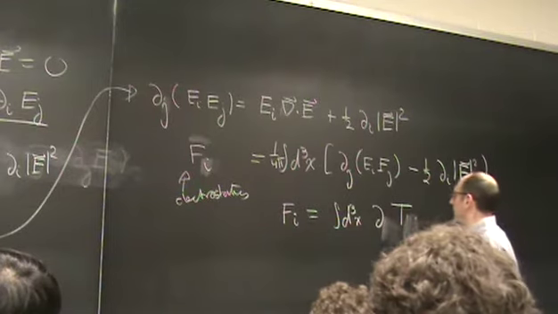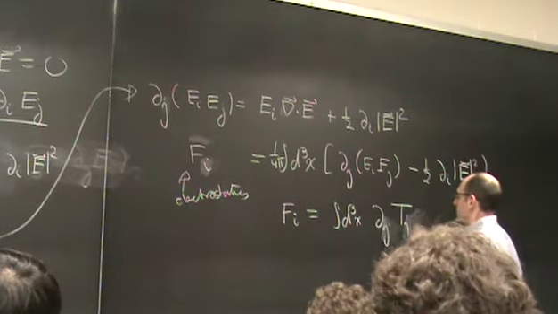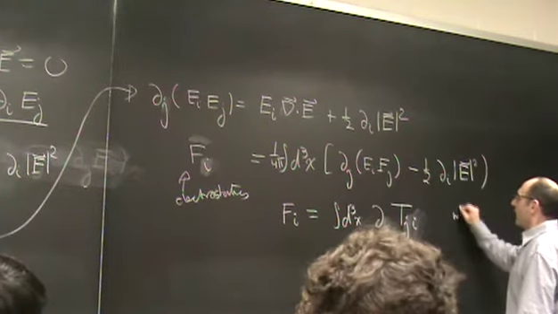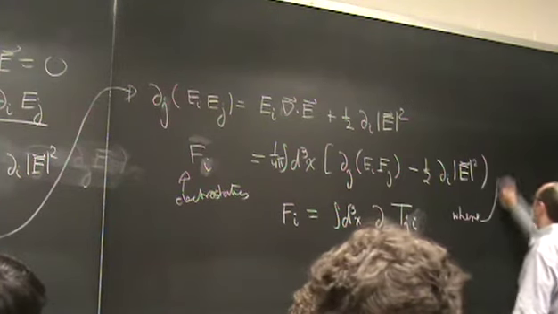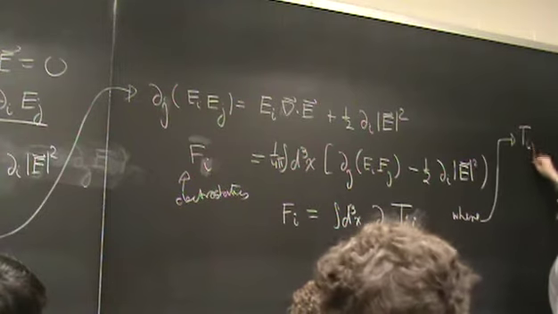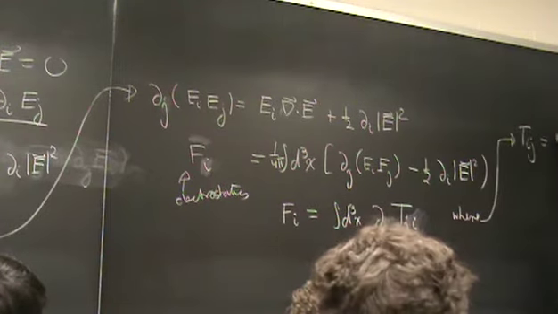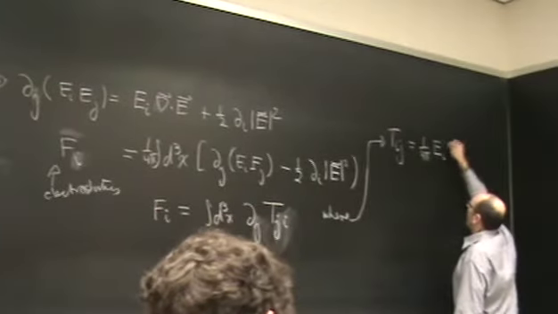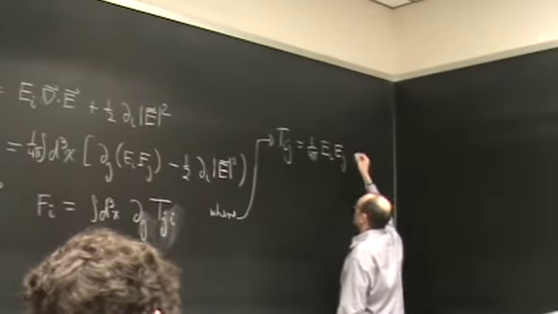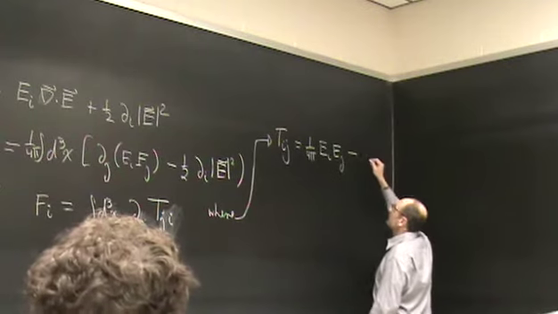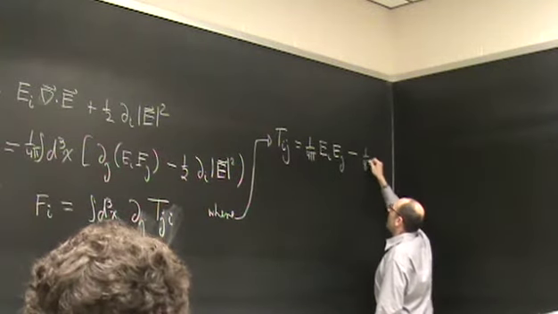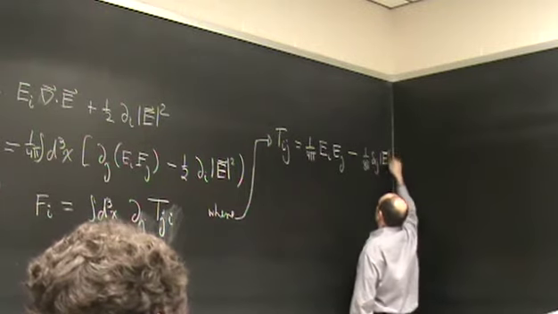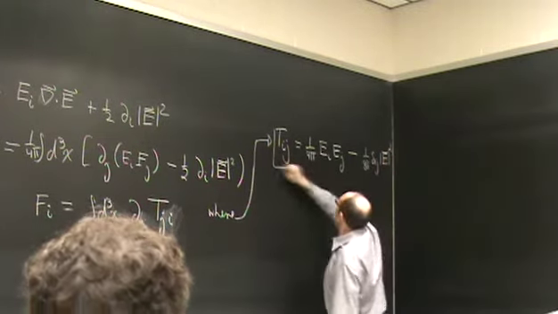Actually, I'll call it T_ij, where T_ij is equal to 1 over 4 pi E_i E_j minus 1 over 8 pi delta_ij magnitude of E squared.